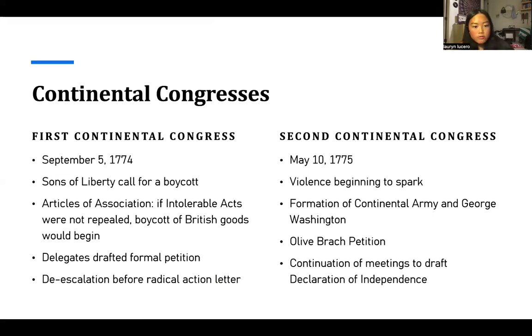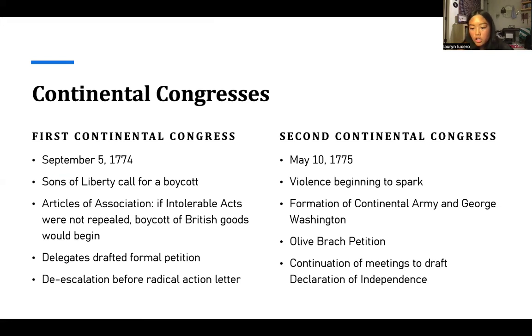As a first form of action, the Continental Congresses, the first occurring on September 5th, 1774, and the second occurring on May 10th, 1775. These congresses were held to discuss between the delegates of each colony to draft petitions to the king.